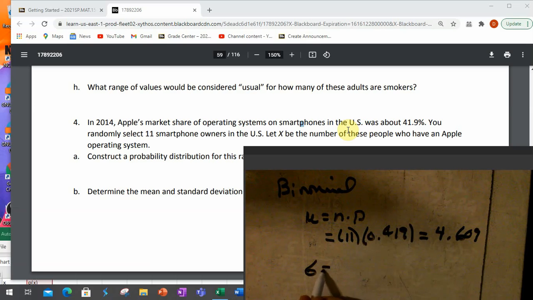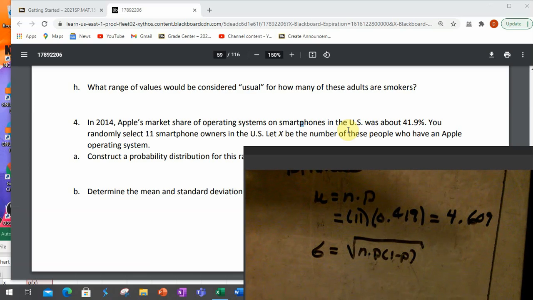And the standard deviation is just the square root of n p times 1 minus p. How sweet is that? 11 times 0.419, you can even take this and move this to these first two. Times 0.419, that's going to be 4.609, but then you have to multiply it times 1 minus 0.419.